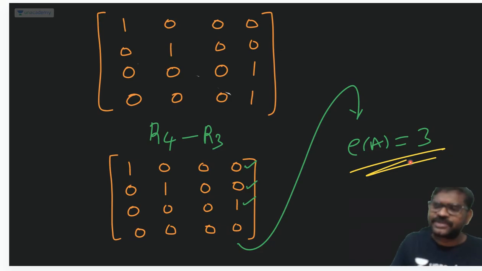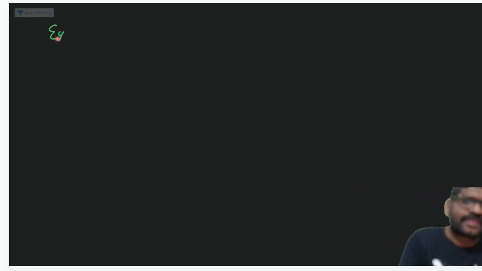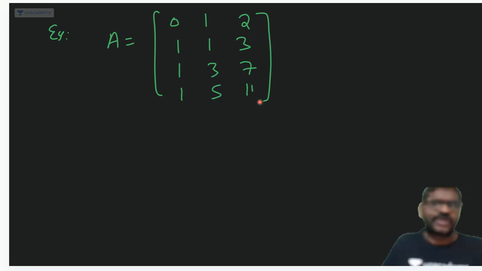Next example. Matrix A is 0, 1, 2, 1; 1, 3, 1, 3; 7, 1, 5, 11. Okay. Now, observe.